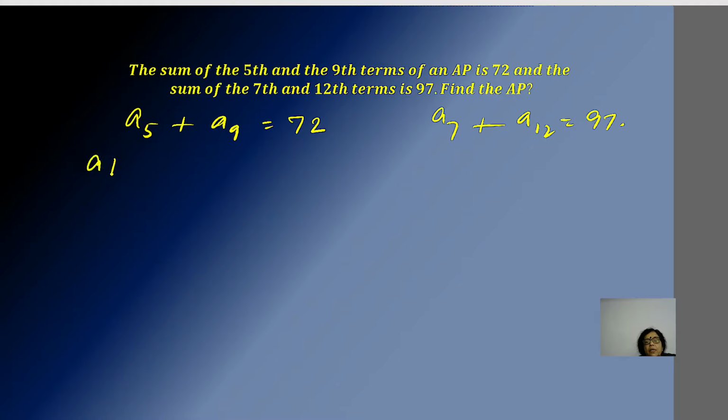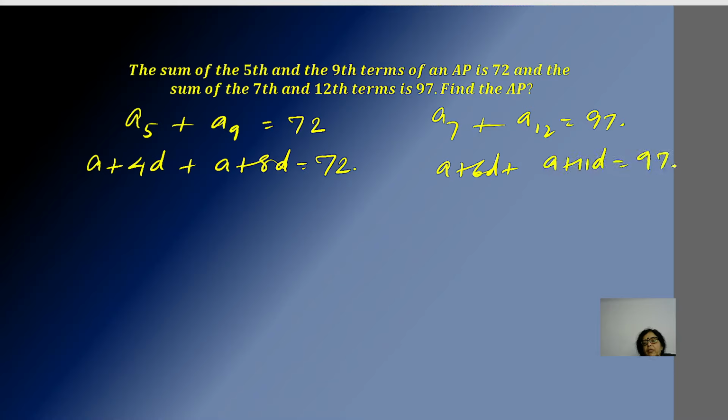So this will be A plus 4D plus A plus 8D is equal to 72. This will be A plus 6D plus A plus 11D is equal to 97. Simplifying this, we get here 2A plus 12D is equal to 72. This will be 2A plus 17D is equal to 97.